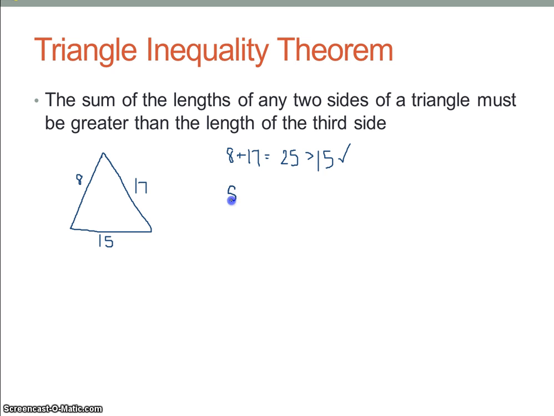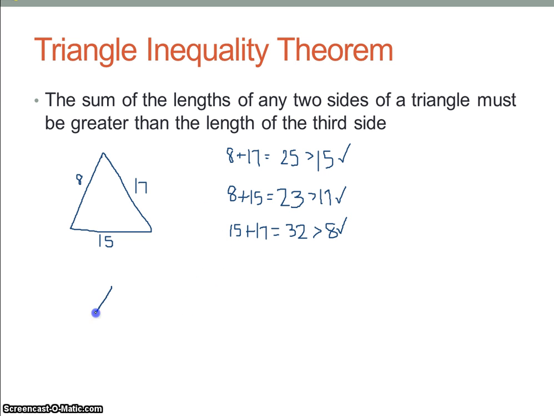Then we can look at 8 plus 15, which equals 23. And 23 is greater than 17. So that one works. And then we look at 15 plus 17, which is 32. And 32 is greater than 8. So we know that this is a triangle.